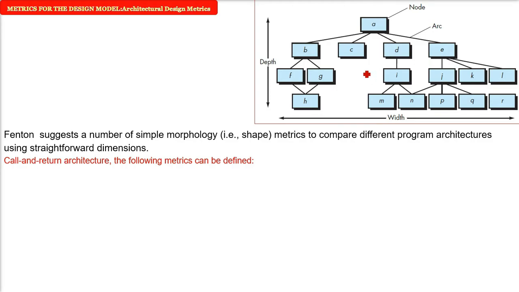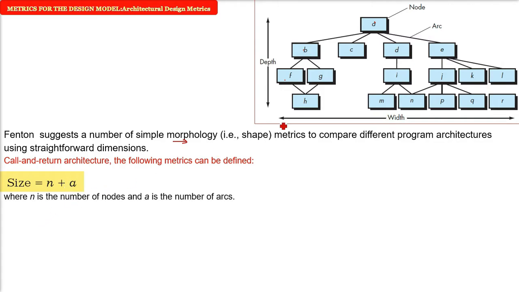If we take a call and return architecture, that is, a main function calling a function, then that function calling another function, likewise, and we make this graph or figure, the simple way to find out the size is n plus a. What is n here? N is the number of nodes in this graph, these blocks, and a is the number of arcs. These are the arcs.